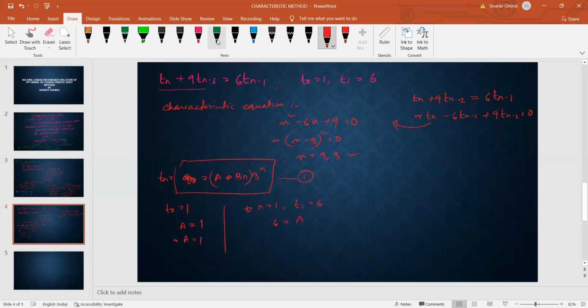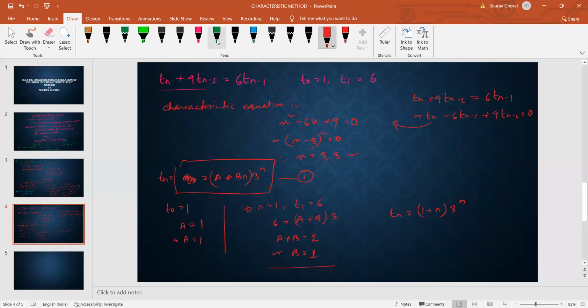So 6 is equal to a plus b into 3. And so from here, we get a plus b is equal to 2 or b is equal to 1. So this is very simple. So the general result is Tn is equal to 1 plus n whole times 3 to the power n.